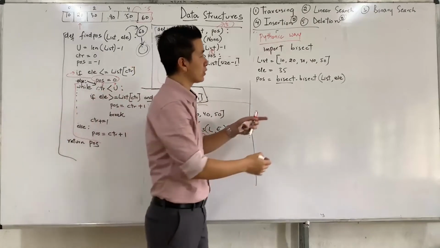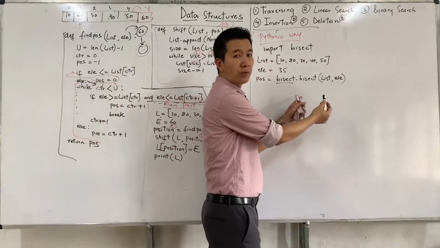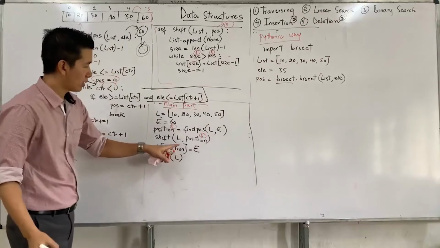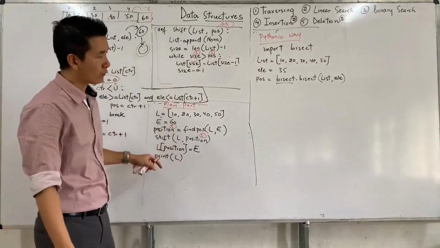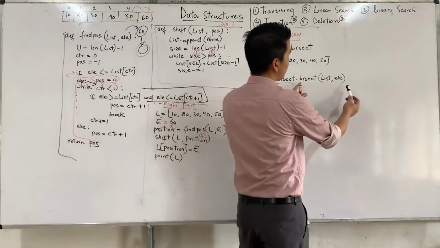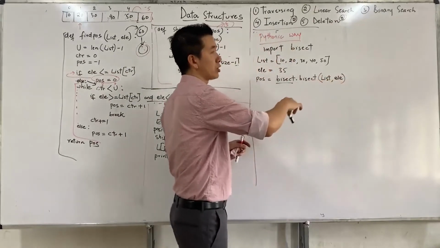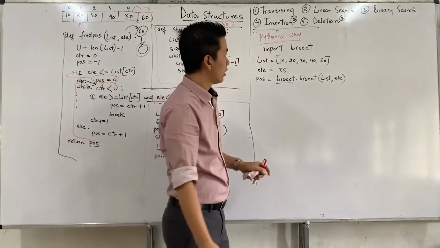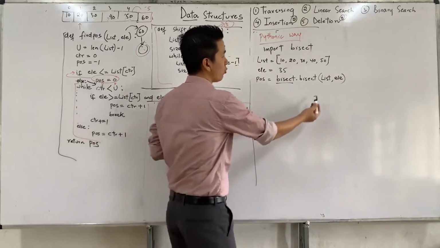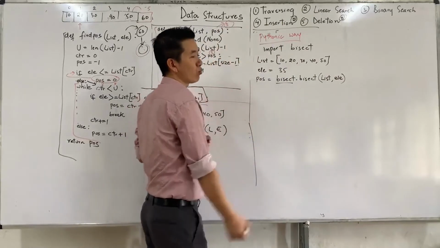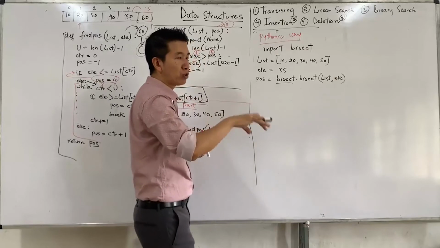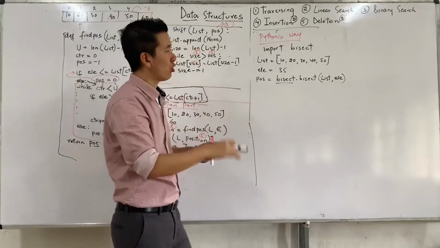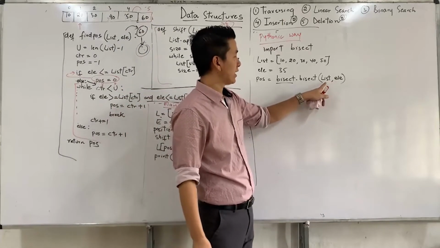Technically, this is nothing but a function call, just like how we called find position and shift. This call will take us to a function definition which is defined in the bisect module, as a result of which we get the index value or the appropriate position or the deserving position of the ele in the list.